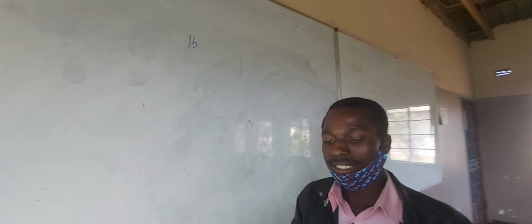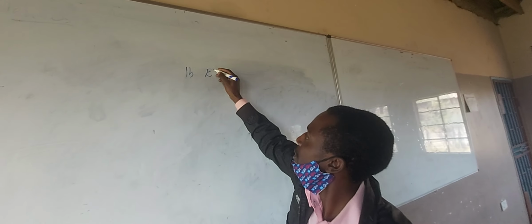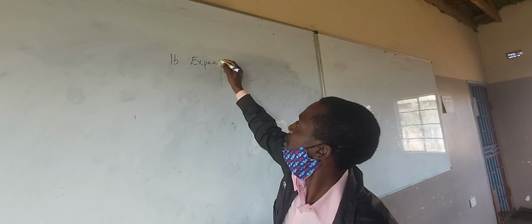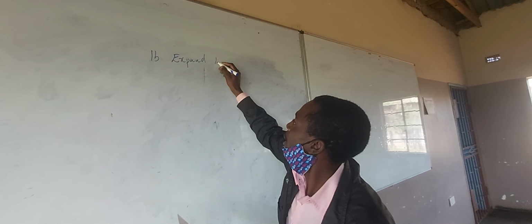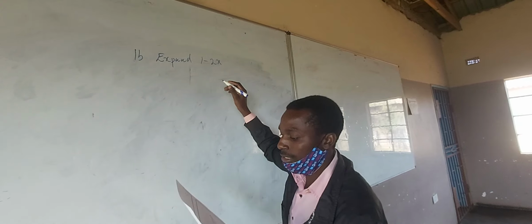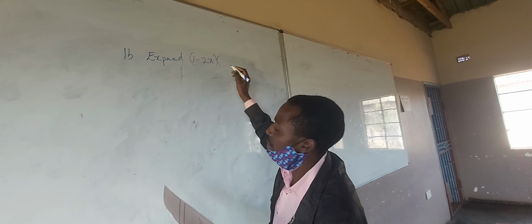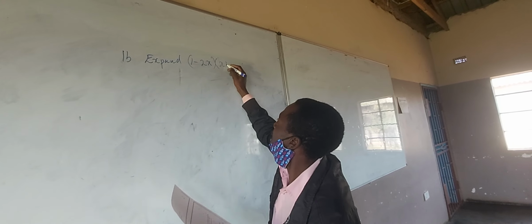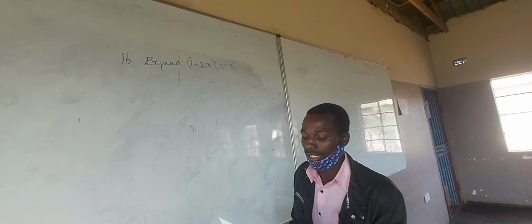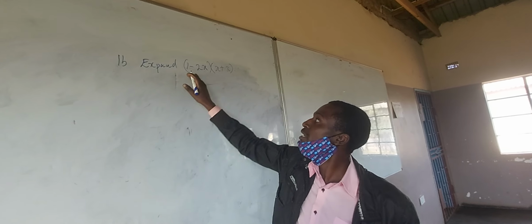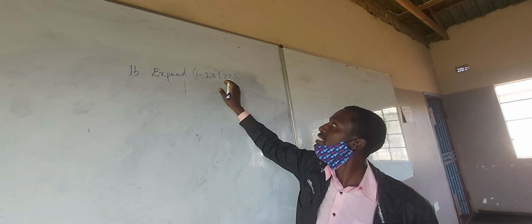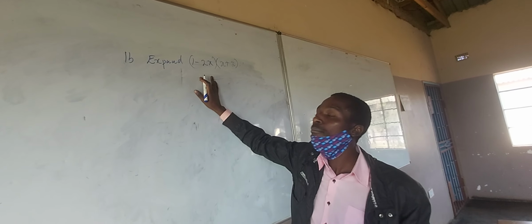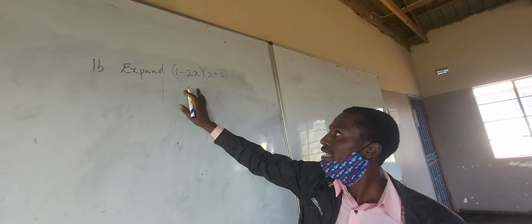Number 1B was saying expand 1 minus 2x multiplied by x plus 3. To expand an expression, you need to remove these brackets, then you simplify by collecting like terms.